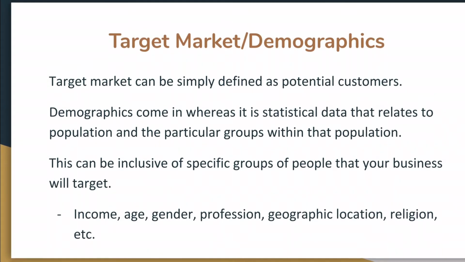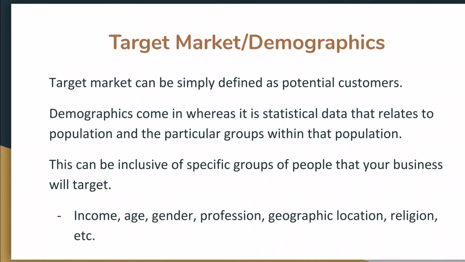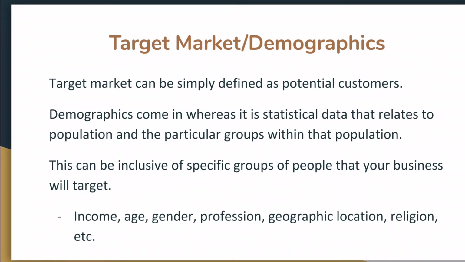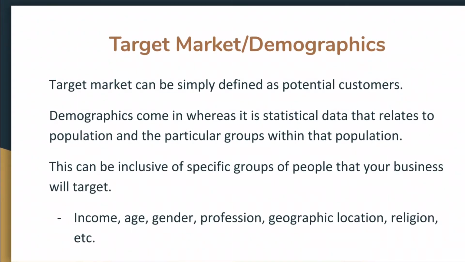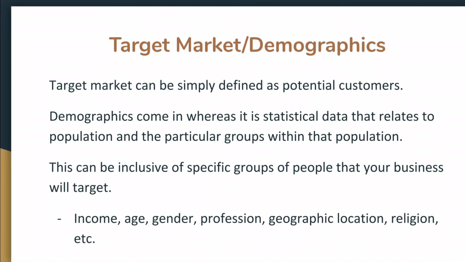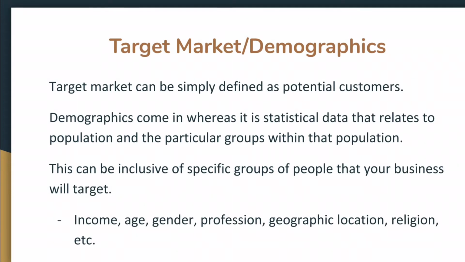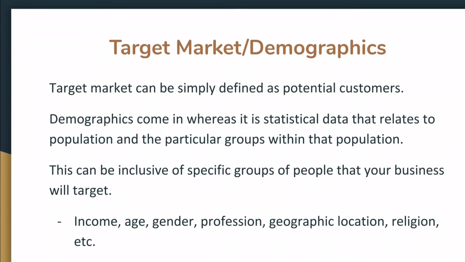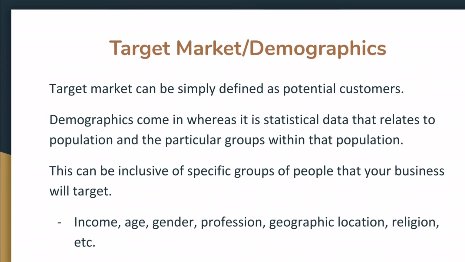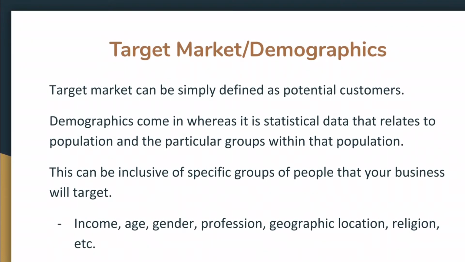When it comes to demographics, it coincides with the target market. Demographics is really just the statistical data that relates to the population and the particular groups within that population. So this is inclusive of age, income, profession, geographic location, religion, etc. All of these things coincide.